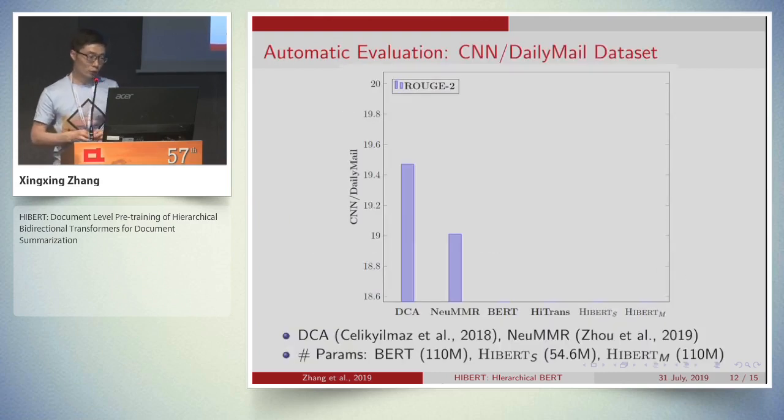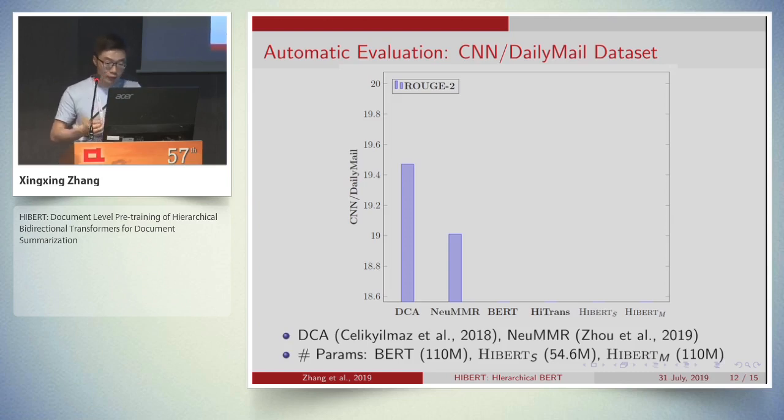Here are the results on the CNN Daily Mail dataset. We compared our model against the best abstractive summarization model, DCA, which is based on deep communicating agents. We also compared our model with neural MMR, the best extractive summarization model.